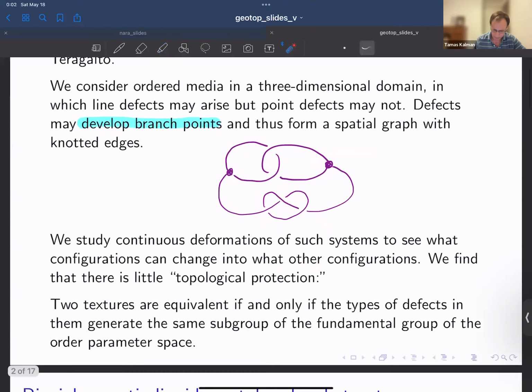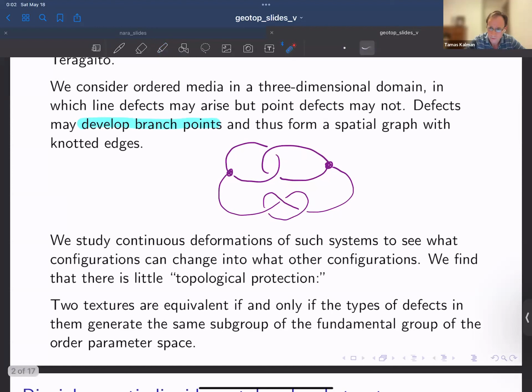So the question that I'm going to look at is what is preserved about such systems? When they undergo continuous deformations, what other configurations can they become? Are there meaningful invariants here? The result is in a sense kind of negative. It turns out there is not too much topological protection.